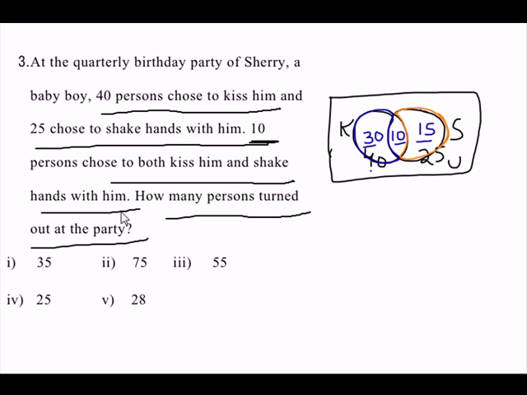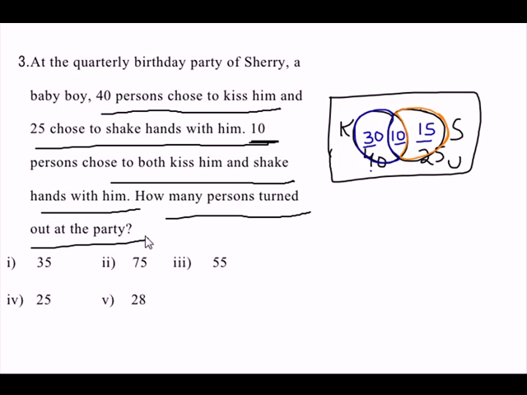Now the question is asking how many people turned out at the party. We know that everyone at the party either kissed him or shook hands with him. So essentially all the people are represented by set K and set S. There is no one that did neither, because if that were the case the question would specifically state that.